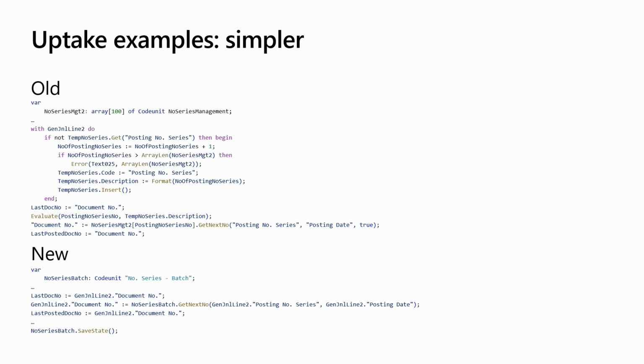Furthermore, we've also made some things much, much simpler. Some of you might be familiar with our batch posting. In here, we have this number series management, which is an array of 100 number series managements. We use all of these in order to cache the number series and not fetch them multiple times from the database, and get performance out of that.